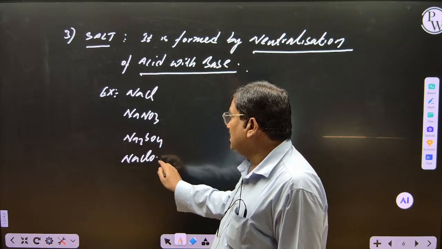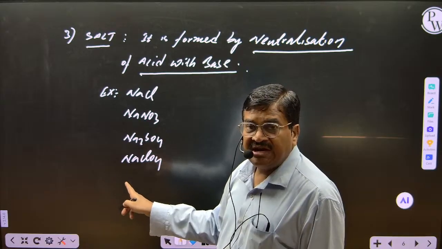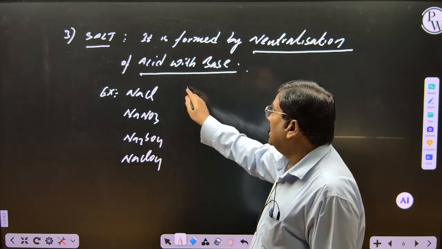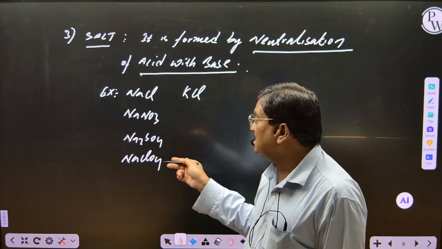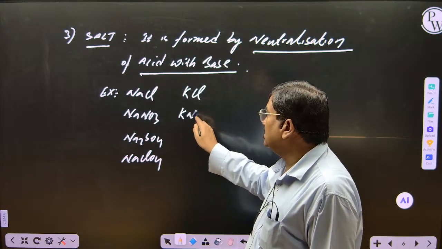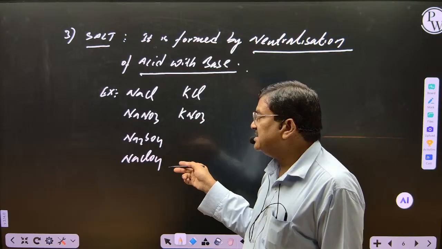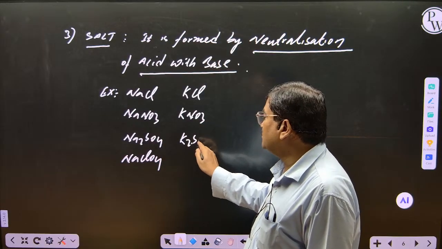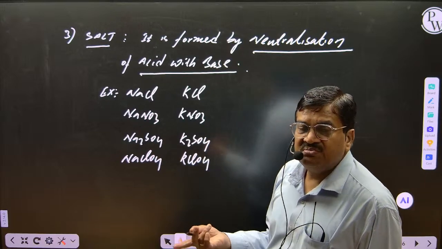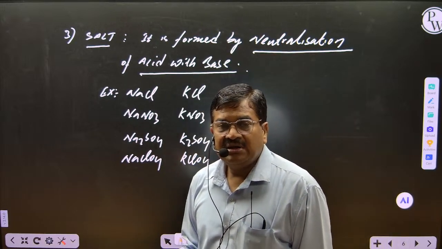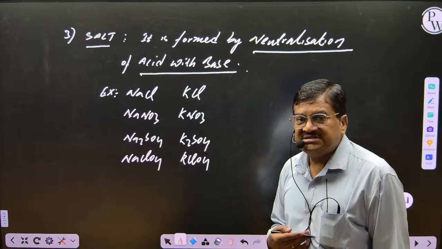NaClO4 is a salt formed between NaOH and HClO4. Like KCl, obtained from KOH and HCl. KNO3, same thing, KOH and HNO3. K2SO4, KClO4. Understood? So simple. A salt will be formed when base reacts with acid.